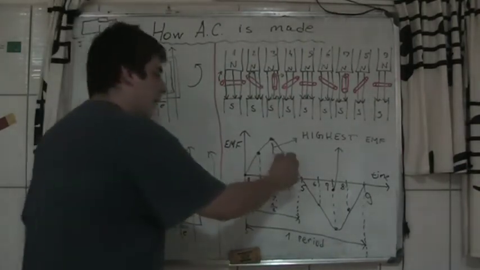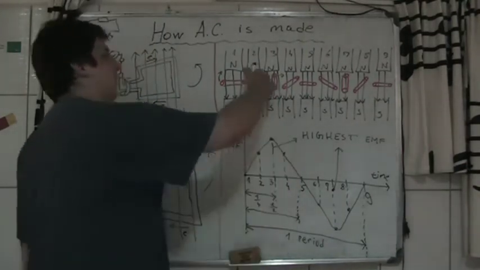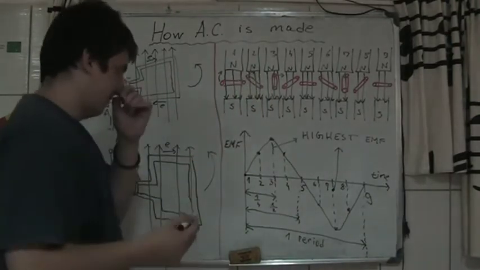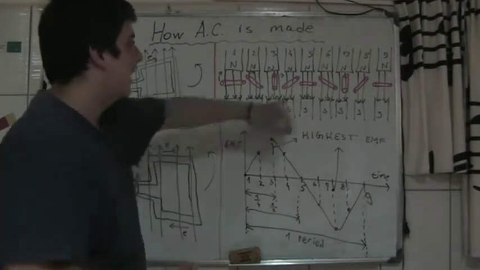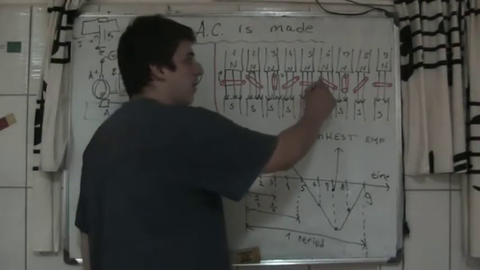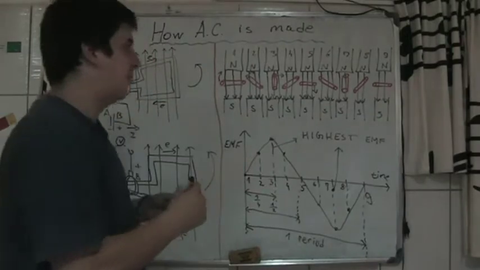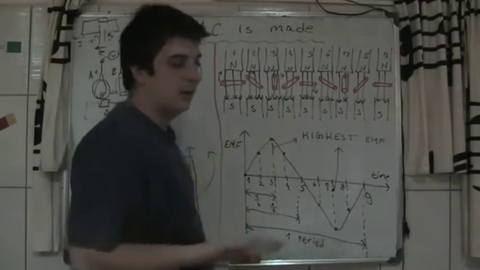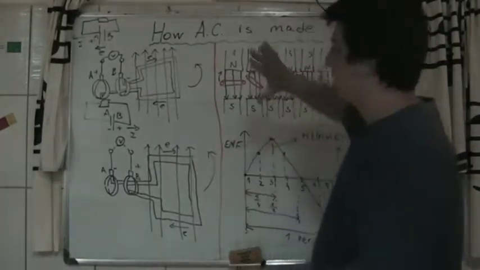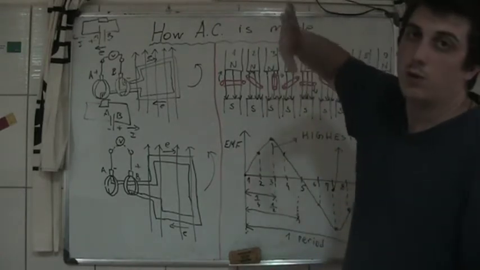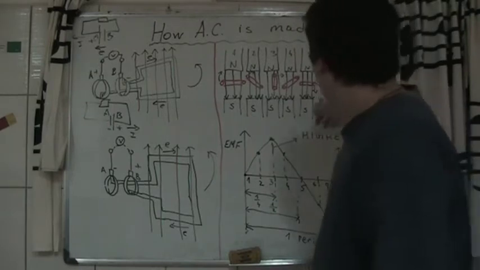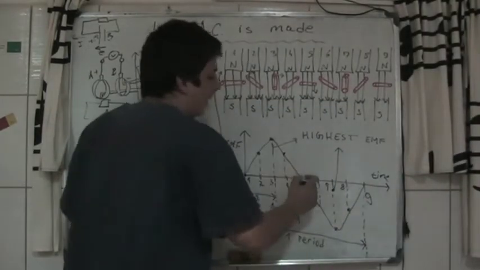So in situation number 4, you have the same as situation number 2. And here, because the movement of the conductor is in the same direction as the magnetic field lines, none of the magnetic field lines go into the palm of your hand. So then you have 0.